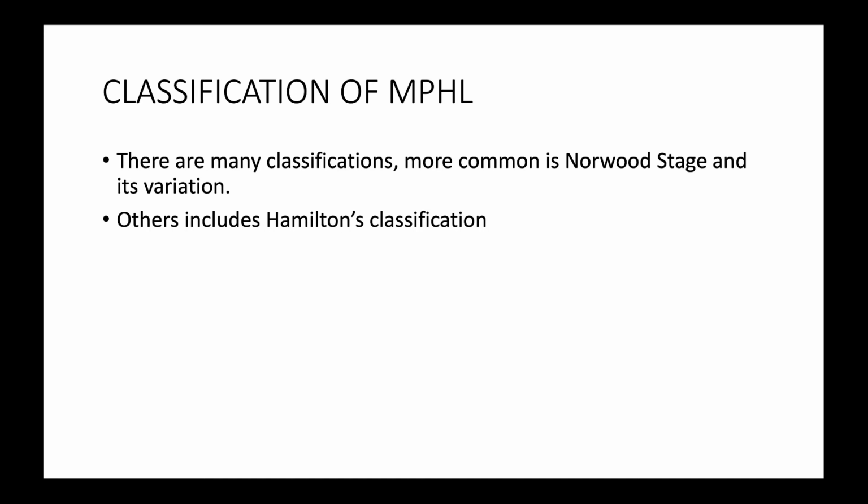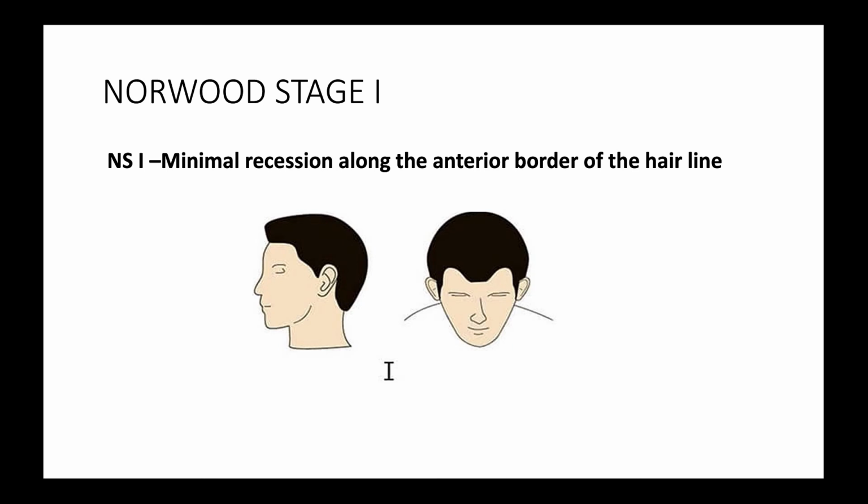There are many classifications of pattern hair loss. Most commonly followed is the Norwood stage and its variations. Another is the Hamilton classification. Norwood stage 1 has minimal recession along the anterior border of the hairline.